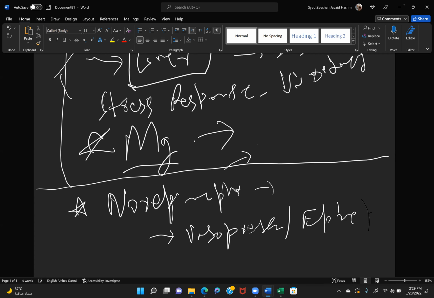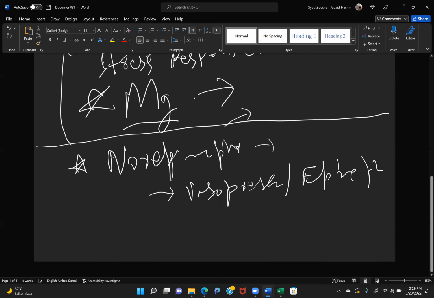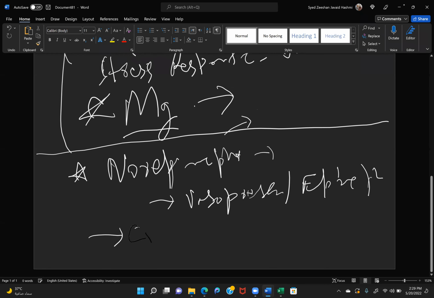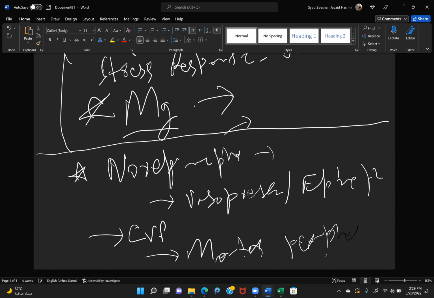But the first choice is norepinephrine. It is better to give it through a central line, and you have to monitor the peripheries, because in high doses it can cause skin ischemia.